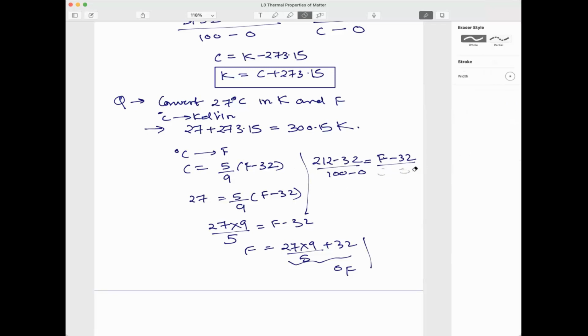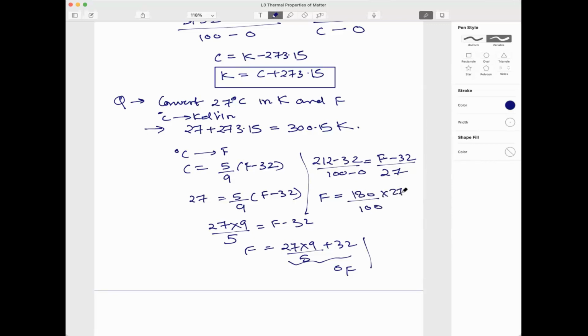C we know is 27. So F comes out to be 180 divided by 100 into 27 plus 32. You get the same thing, 27 into 9 by 5 plus 32, and you can solve this.